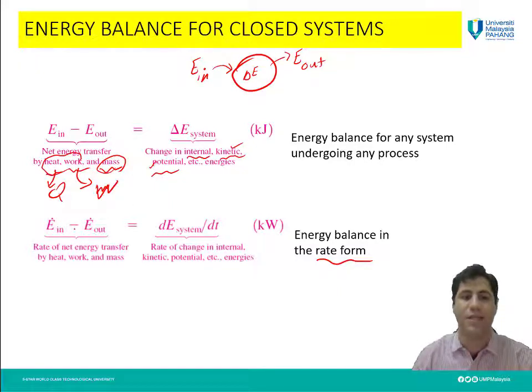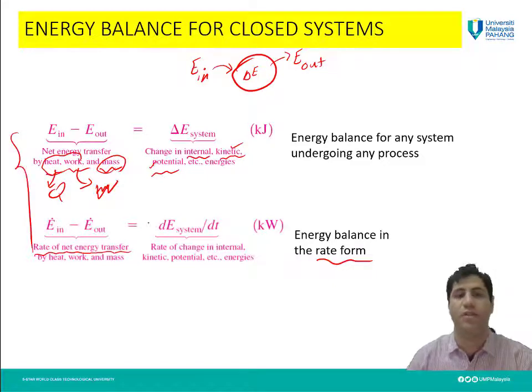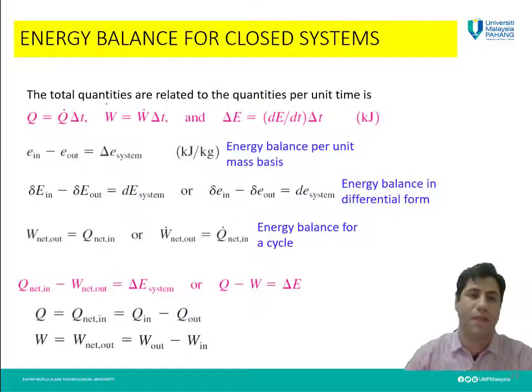So E dot in minus E dot out, or the rate of net energy transfer, and dE system per dt, or rate of change in the internal and different types of energy. We had these two equations in previous chapters.